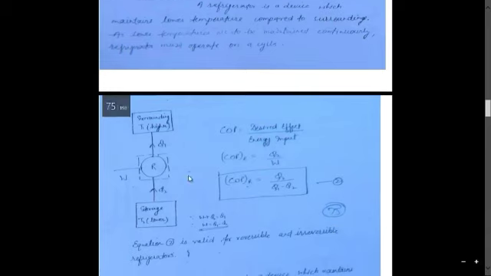This is the refrigerator. So the concept of refrigerator comes from this one. What the Clausius statement says is that it is impossible to construct a device, and suppose this refrigerator is the device, it is impossible to construct a refrigerator which automatically transfers heat from lower temperature to higher temperature.